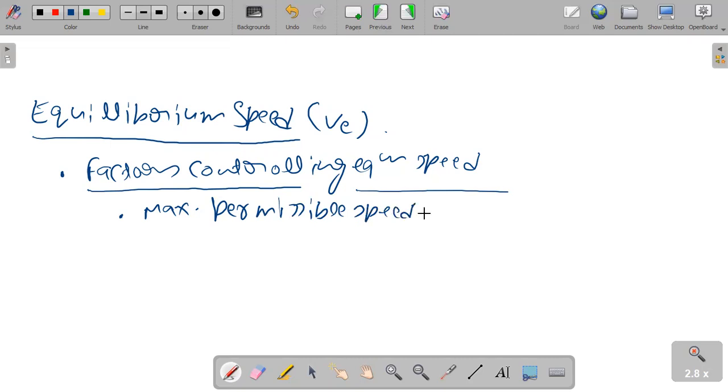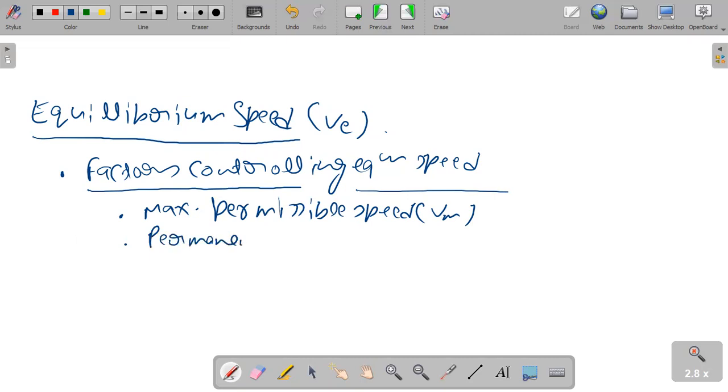The first one is maximum permissible speed, denoted as Vm. Permanent and temporary speed restrictions are also a factor controlling equilibrium speed.